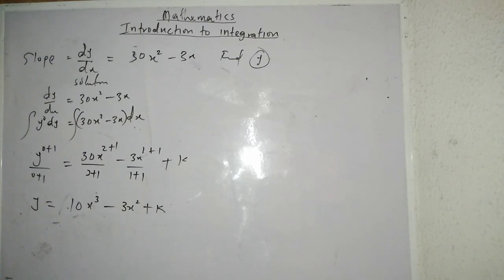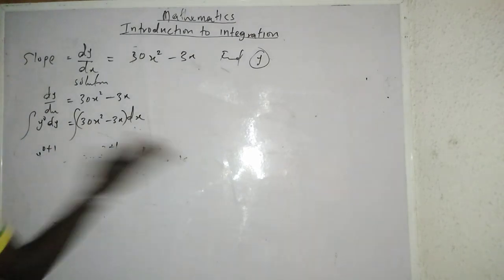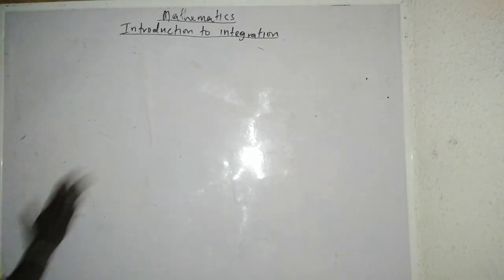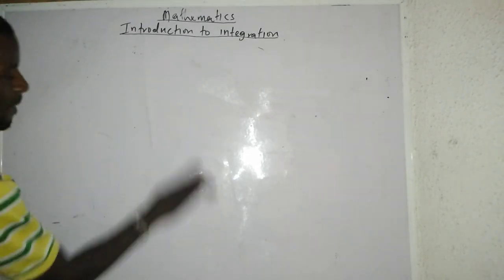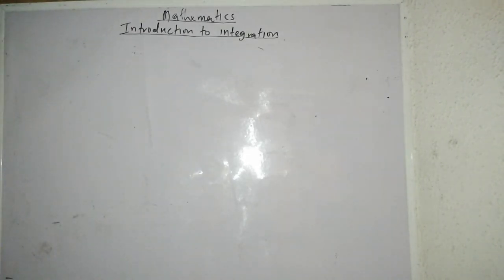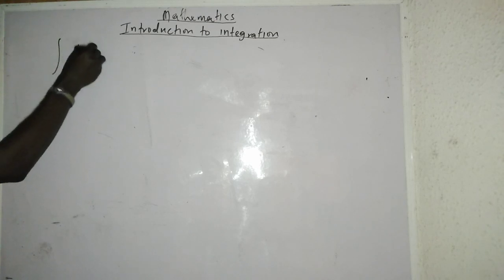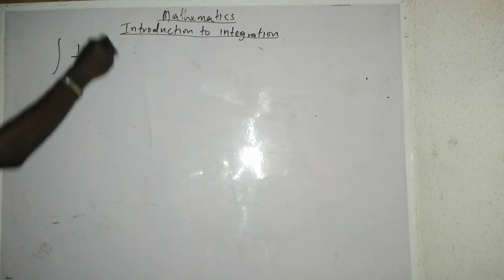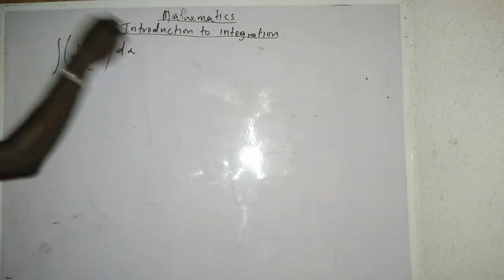That is my y. Now, let me give another problem. Another problem is if I have something related to this: the integral of (1 minus x) all over x raised to power 3, with respect to x.